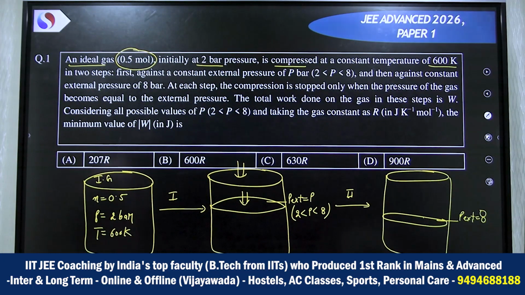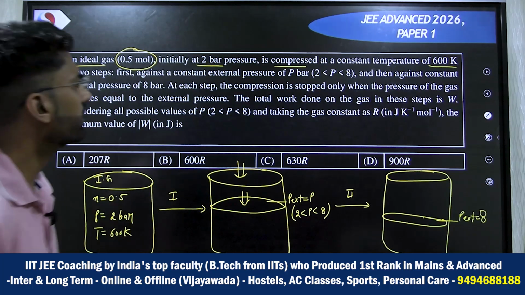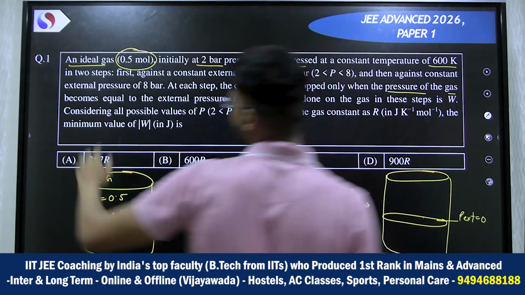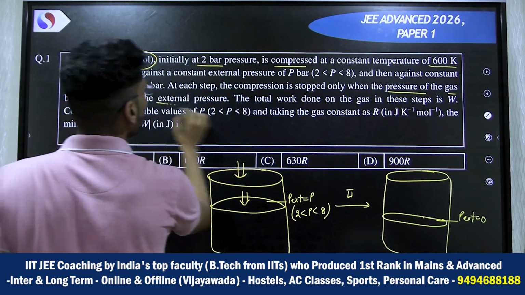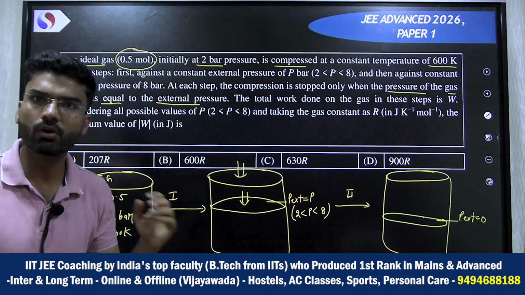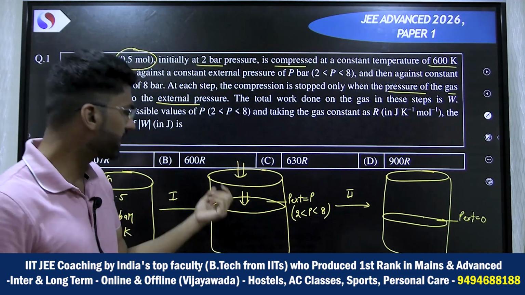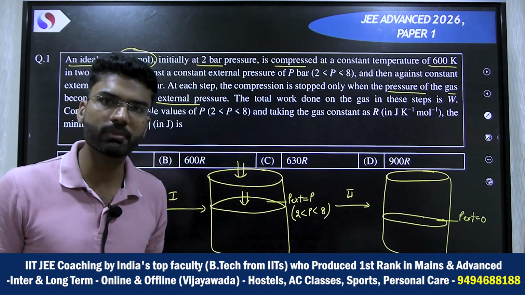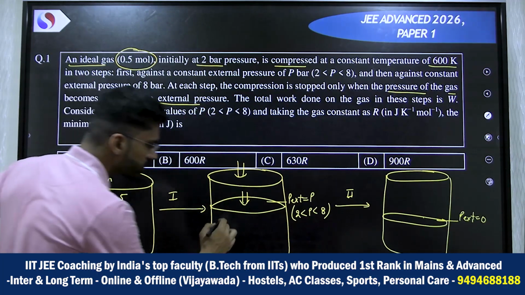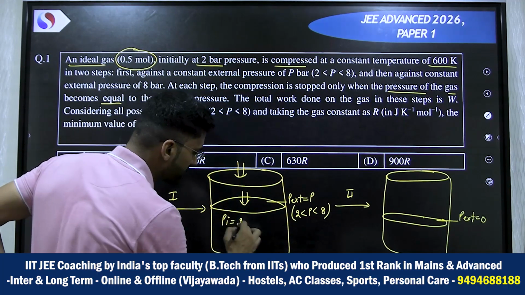Okay. At each step, the compression is stopped only when the pressure of the gas becomes equal to the external pressure. Let me take the initial pressure Pi as 2.